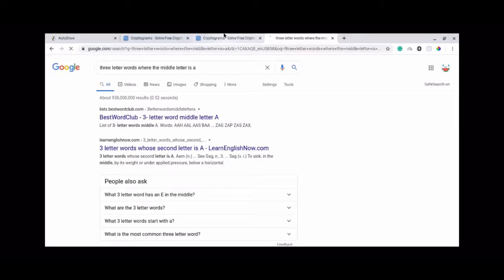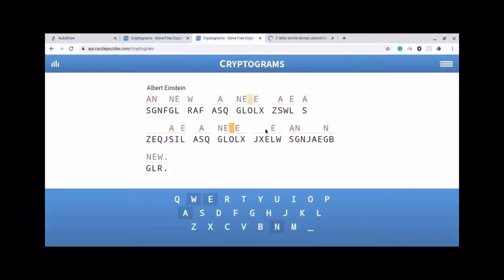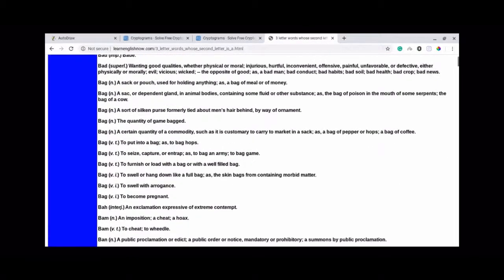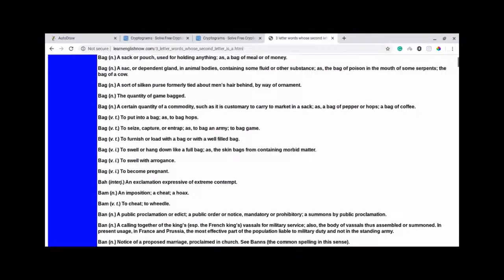And it gets hard, but this is the next most common letter. And we're gonna go through here. How many bags are there? Okay.